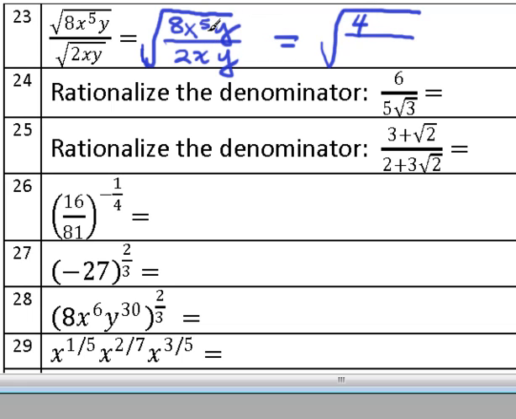And x divided into x to the 5th, so we have x to the 4th. And these y's just cancel. So we're left with 1 down there. So we can take the square root. This is a perfect square, and we get 2x squared.